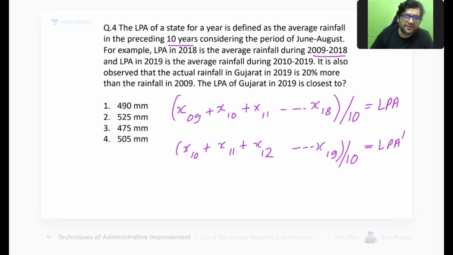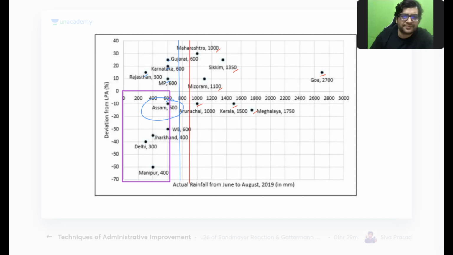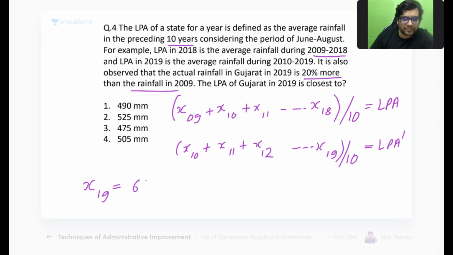It is also observed that the actual rainfall in Gujarat in 2019 is 20% more than the rainfall in 2009. So what is the rainfall in 2019 for Gujarat? 600, which will mean in 2009 it was 600 by 1.2 or 500.